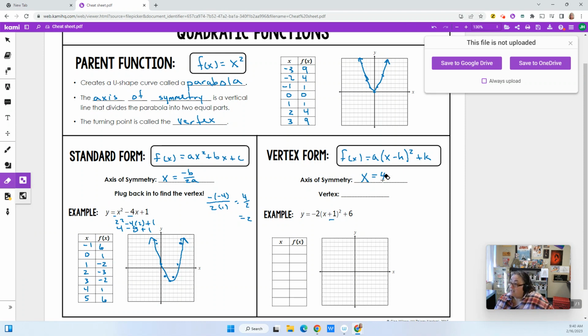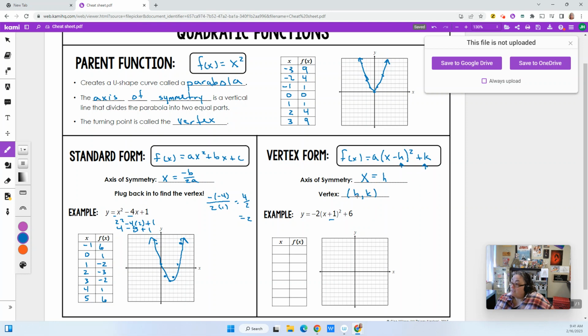So I always like to think of it as the opposite of what's in there, right? Like when we're talking about the vertex too. So this would be x equals h. And the vertex is always going to be the opposite of what we have here. So if it's minus h, it's going to be h. And then exactly what we have here for that value.